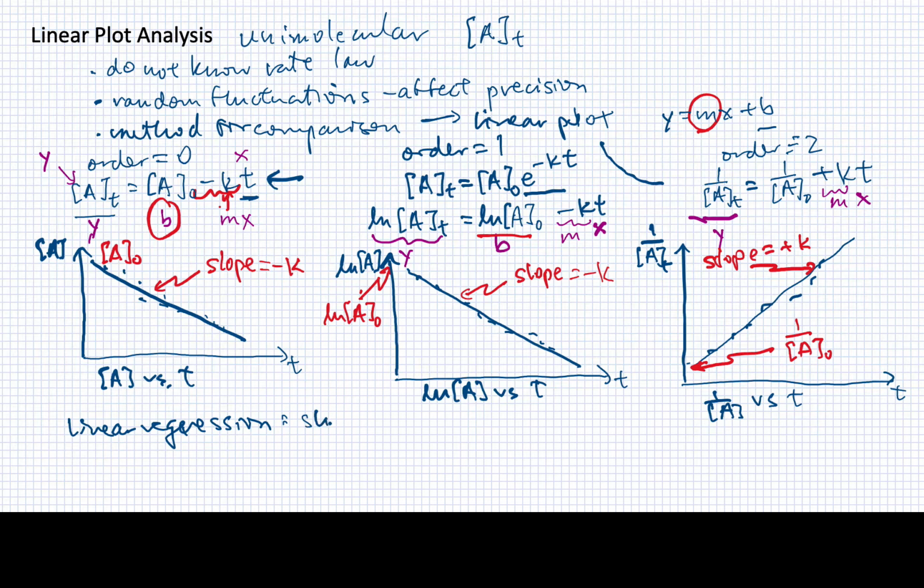We get the slope, and we know that this is related to the rate constant. We get the intercept, and this is perhaps less informative for us because it's related to the initial concentration of our reactant. But the third thing we get is very interesting and very important, and that is something called the coefficient of determination.